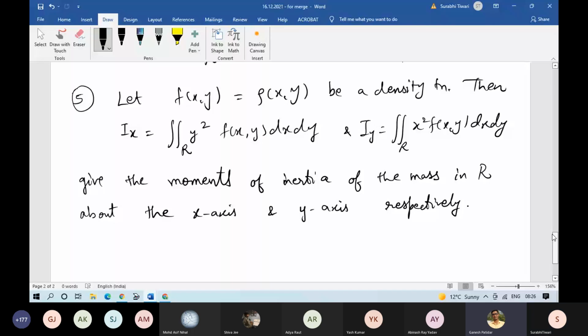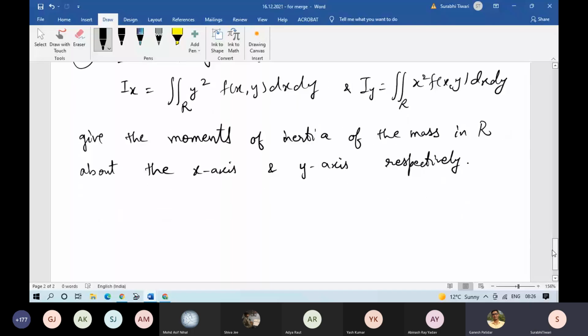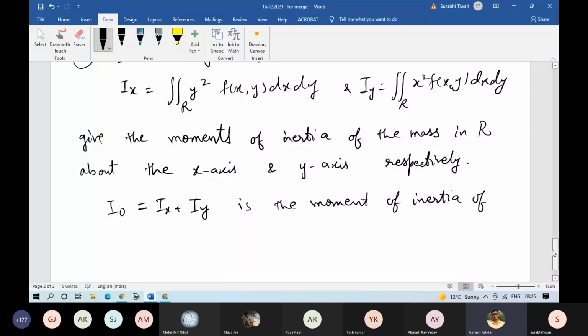Now I0 is equal to Ix plus Iy is the moment of inertia of the mass in R about the origin.